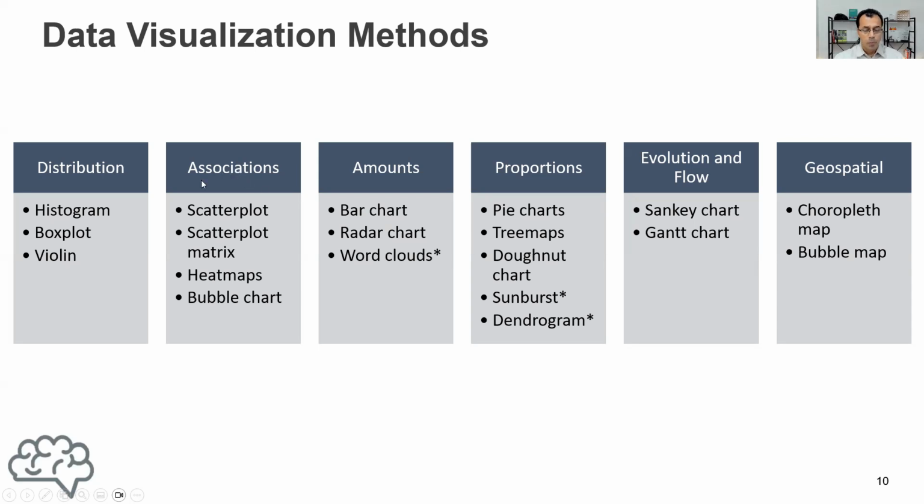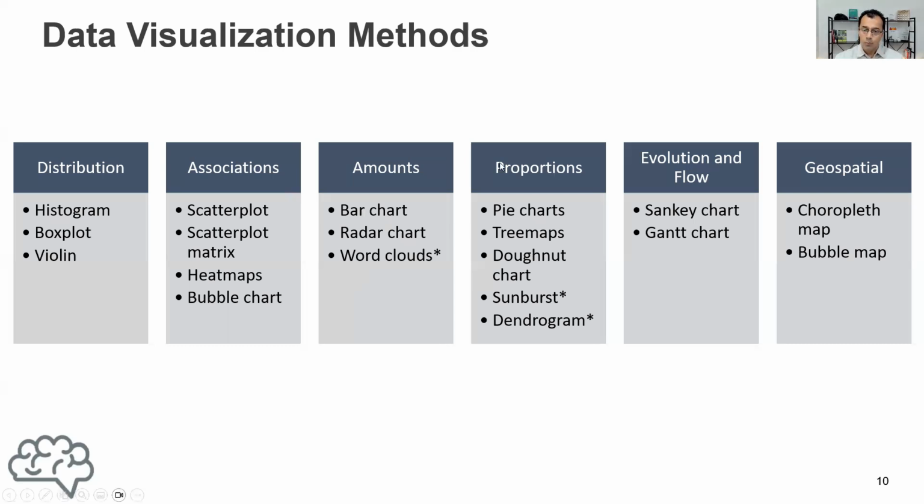In this case, we want to investigate the association between two variables, and we'll have the scatter plot matrix, heat maps, and the bubble chart. Here in the amounts, we are going to talk about the bar chart and the radar chart for numeric data. When we talk about the special types of data, we are going to talk about the word clouds. The other types of special data, like time series, trees, and graphs, we are going to see in another topic as well.